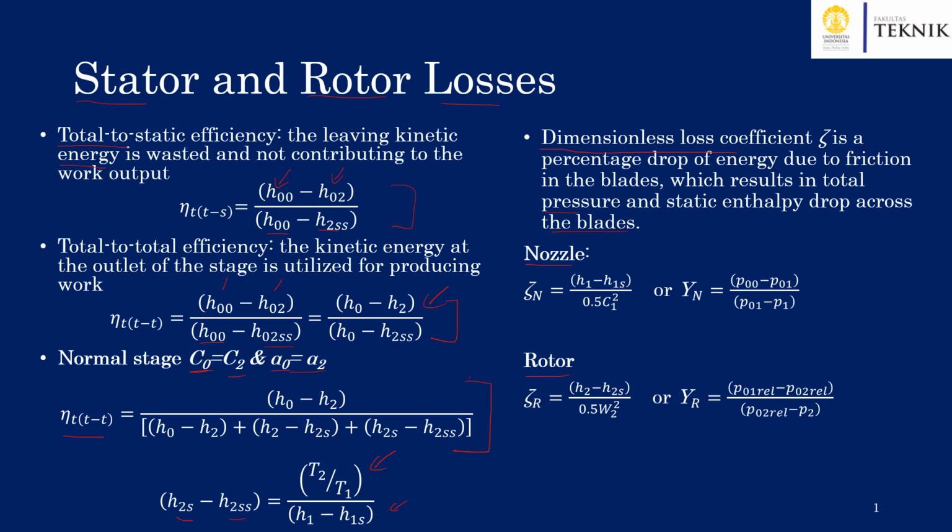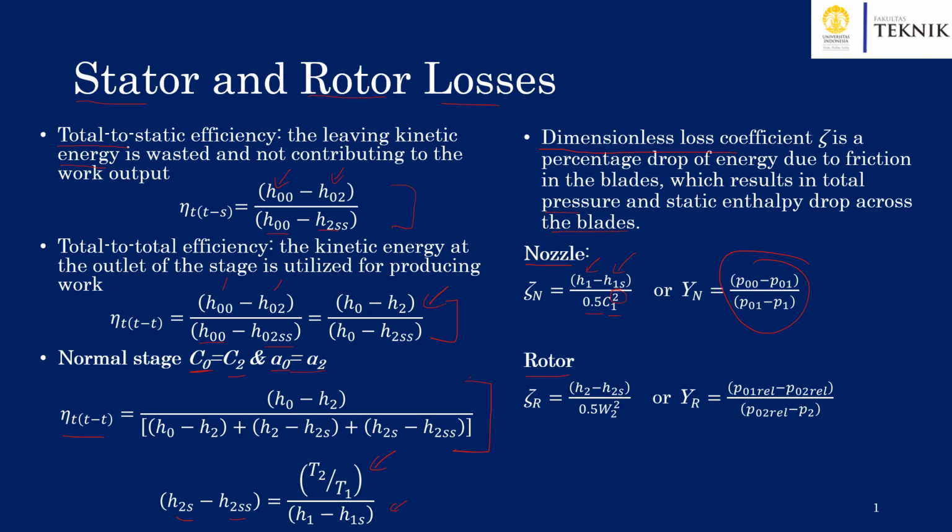For the conditions at the nozzle, we calculate them as a function of the total enthalpy at the inlet of the rotor minus H1S, divided by 0.5 multiplied by the absolute velocity at the inlet of the rotor to the power of 2, or we can calculate them as a function of pressure ratio.